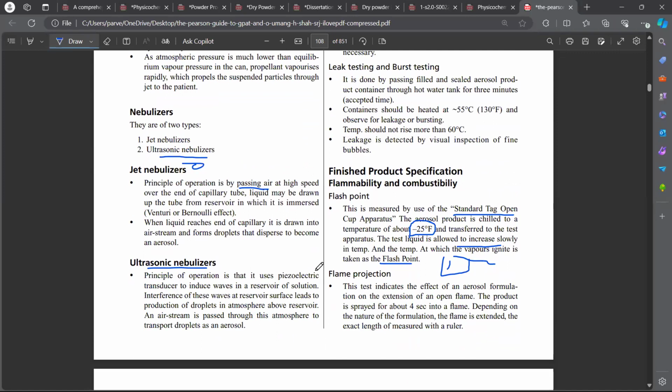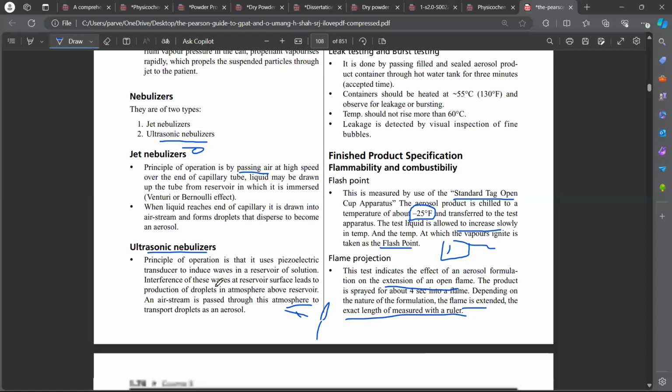The flame projection test indicates the effect of the aerosol formulation and its extension on an open flame. In this test, a flame is taken and the aerosol product is sprayed on the flame. Depending upon the nature of the formulation, the flame is extended and the length is measured with a ruler.